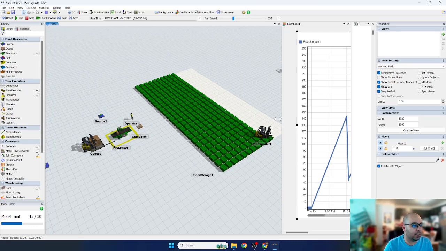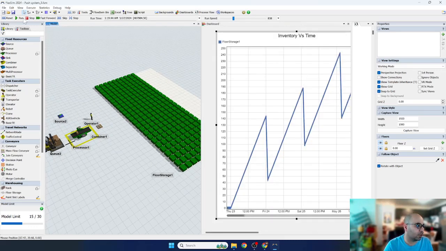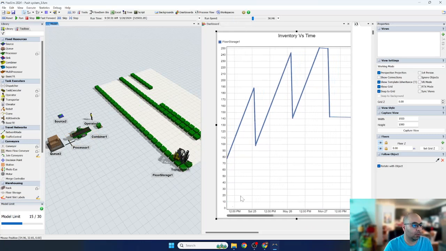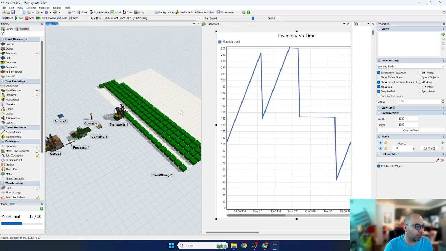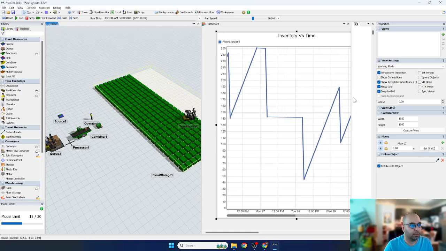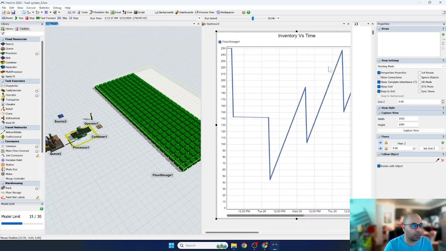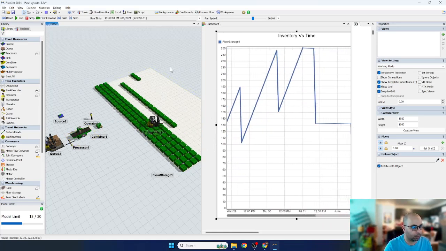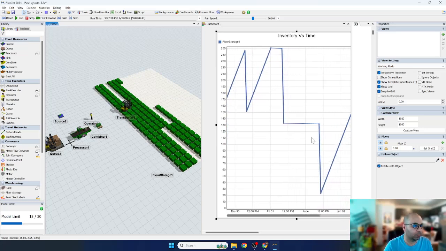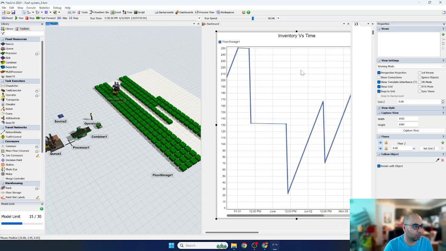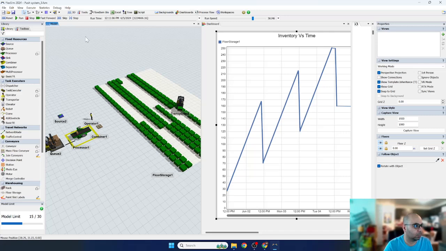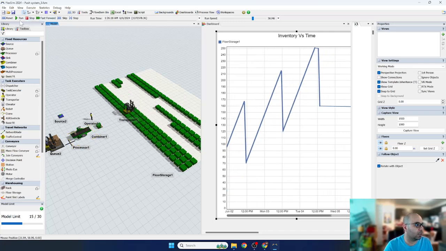So if I look at the chart of inventory versus time, I'm going to keep running this simulation. So this is how much inventory is in the storage area currently, and it actually goes up and down. So it goes down when the truck comes in to pick up the finished goods. So here is the peak.